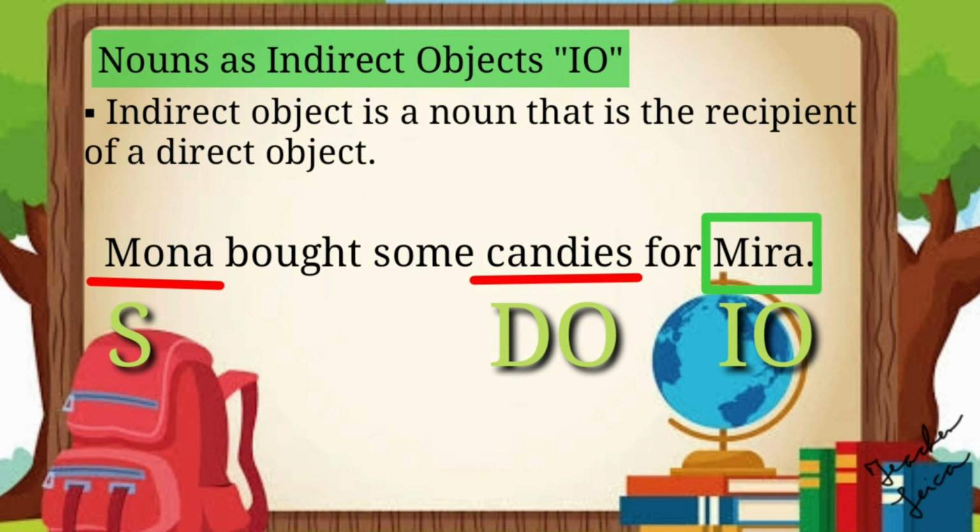Mira is the indirect object. Why? Since she is the recipient. Mira is the recipient of the direct object. The DO here is candies. Who is the subject? Mona is the subject.